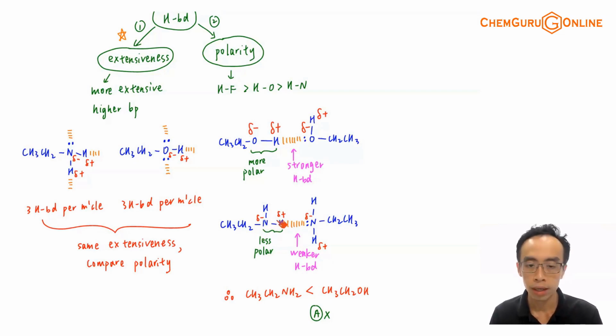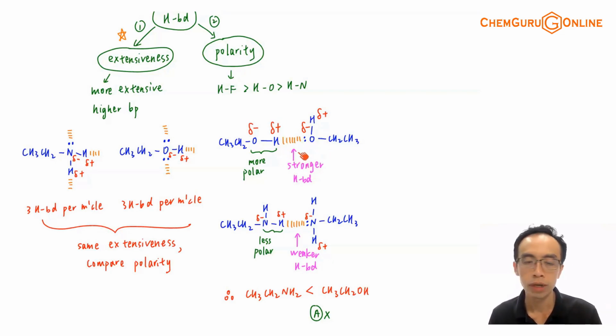a smaller partial minus, hydrogen will be a smaller partial plus, and because of that, when I consider the hydrogen bond, the intermolecular interaction, the hydrogen bond between alcohols will be stronger because I have a more positive hydrogen attracting a more negative oxygen.